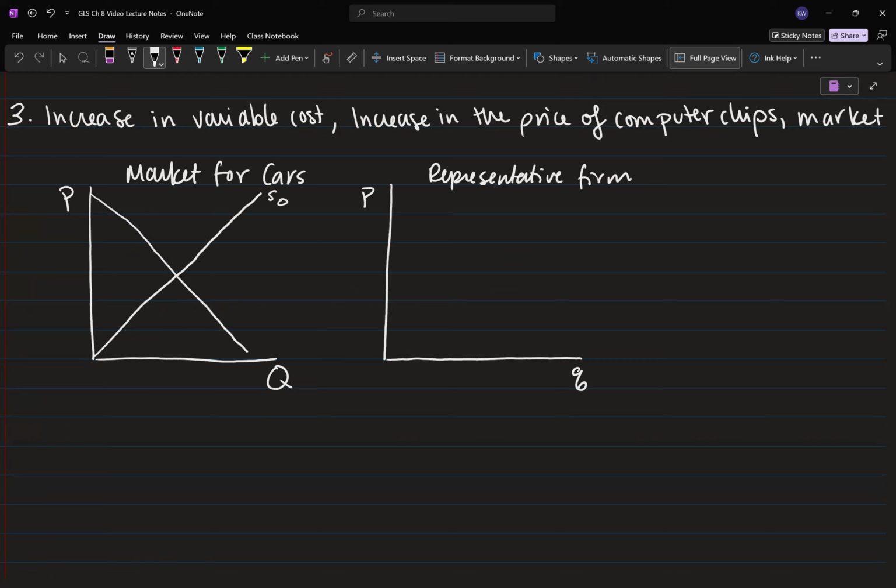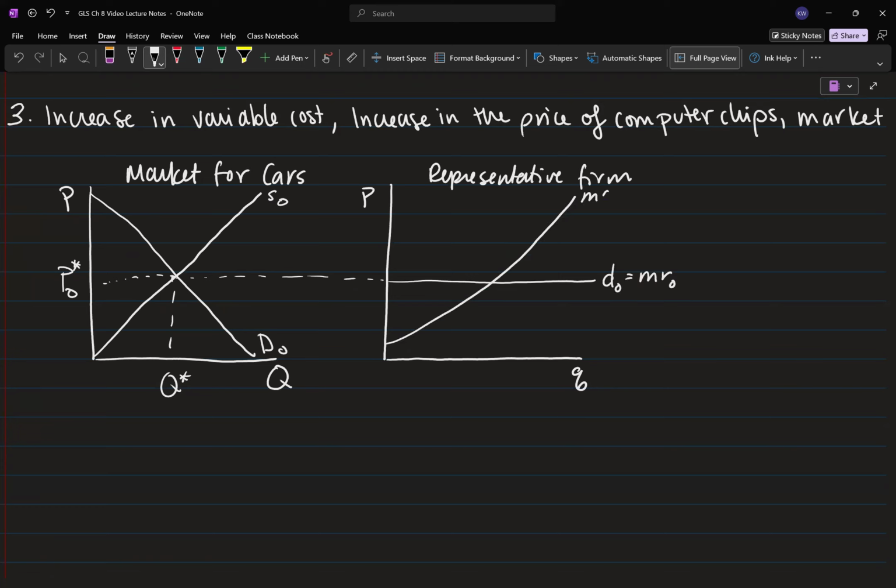And that representative firm is going to stand in for all of the other infinite number of firms operating in this market. And again, to show that this is long run equilibrium, we need average total cost, its minimum, to be equal to the price. And that's what we see. Okay, so here is our given situation.